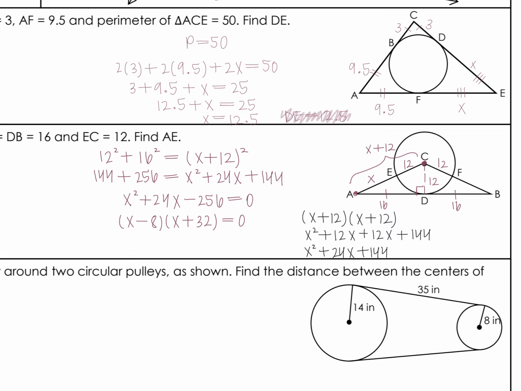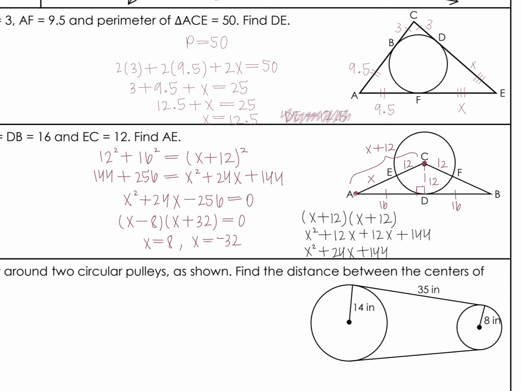Okay, and so that's going to be equal to that 0. And then I want to solve each one of these to figure out what are my options. And so here I would have x is equal to 8. And then using the other one, I would have x is equal to negative 32.